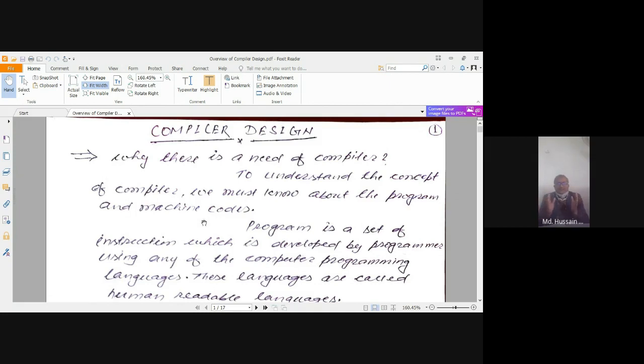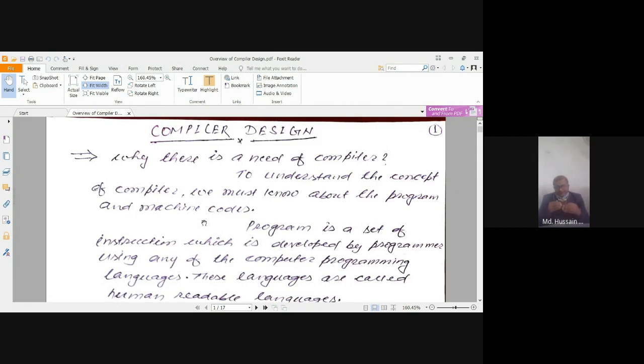So basically the job of a translator is to translate the language from one form to another form. And by doing this, our computer system is in a comfortable position to understand this language.